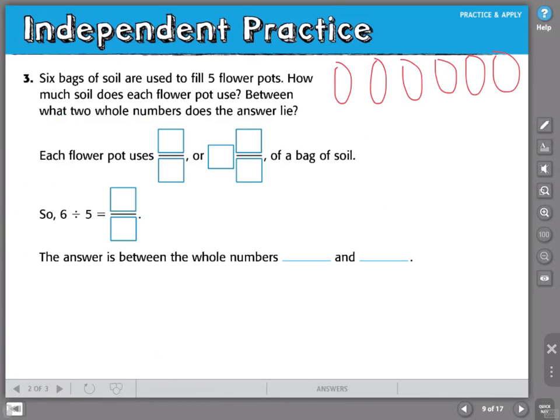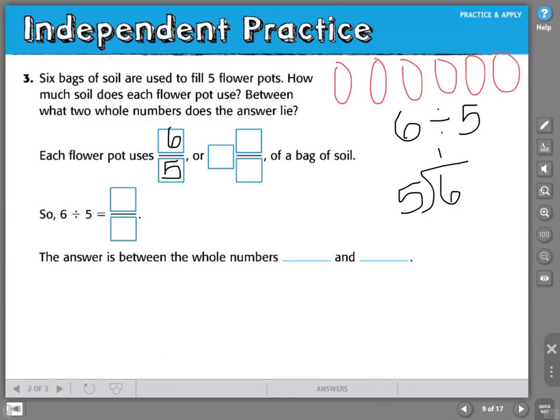So that is the same as 6 divided by 5. Another way to write that is 6/5. Each flower pot uses 6/5. Or, another way I could write that is 6 divided by 5.